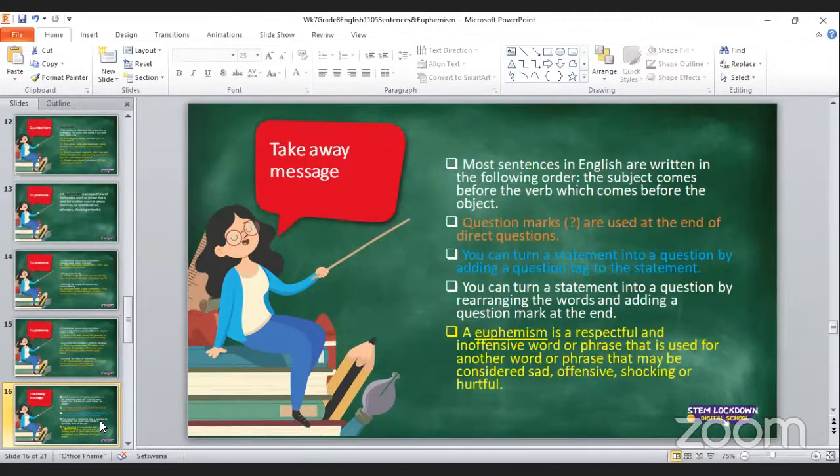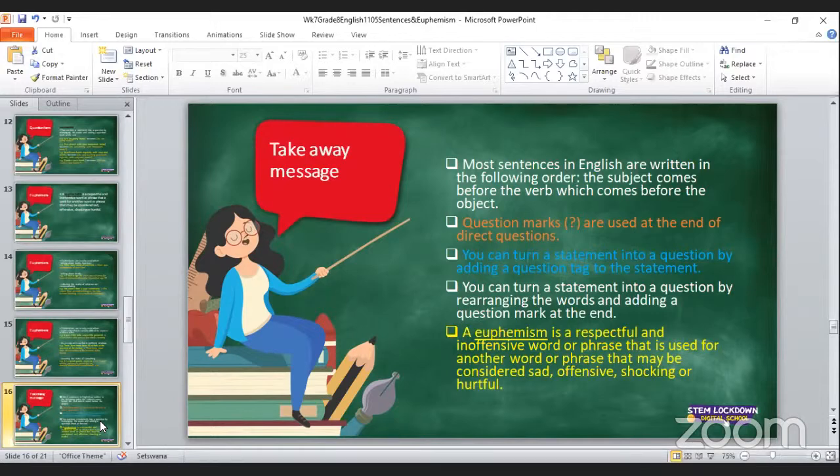So this is what we did today. This is the summary of today's lesson. We have seen that most sentences in English are written in the following order: the subject, the verb, then the object. We also learned that question marks have to be used at the end of direct questions. We've also learned that we can turn a statement into a question by adding a question tag to the statement.